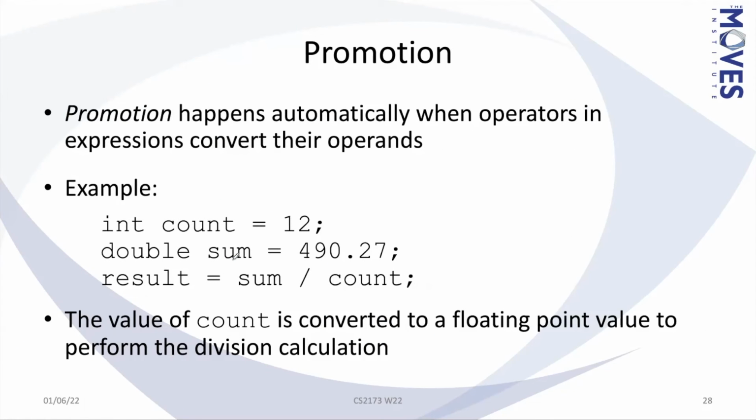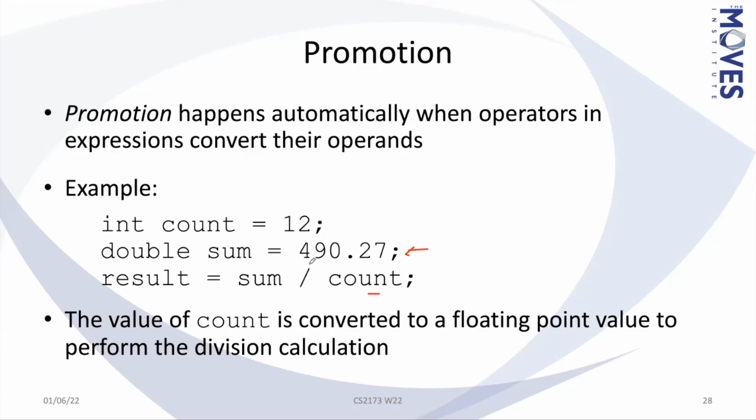Okay, so promotion is where you have an expression that involves 2 different types of things. And this is the most typical use case for this. Here we have a double value and we're dividing it by an integer value. Now, if these were 2 integers, then there would be an issue.